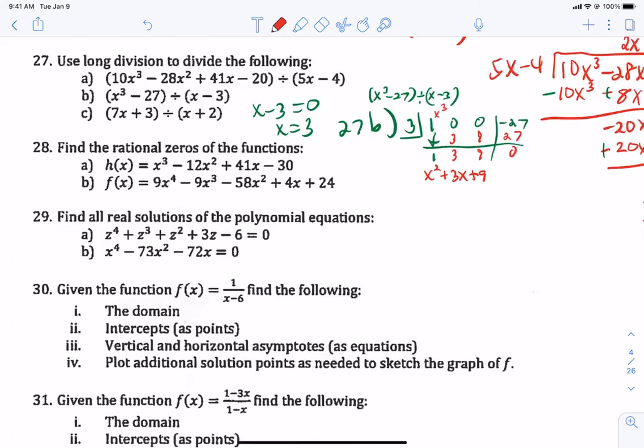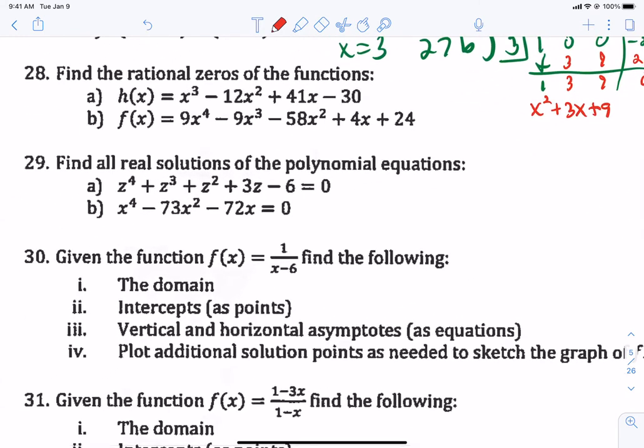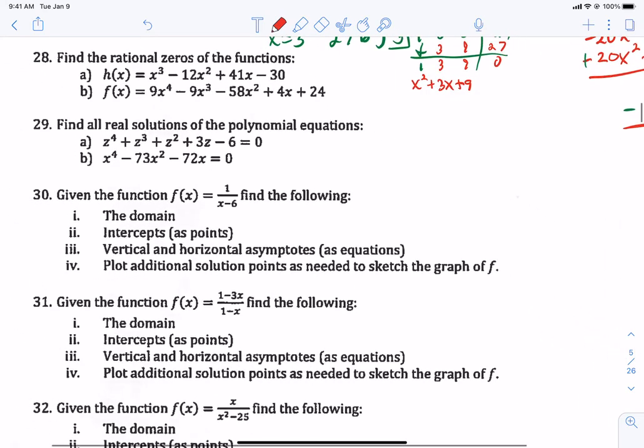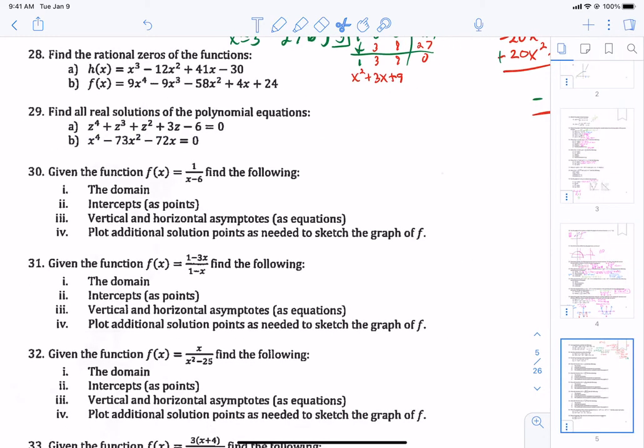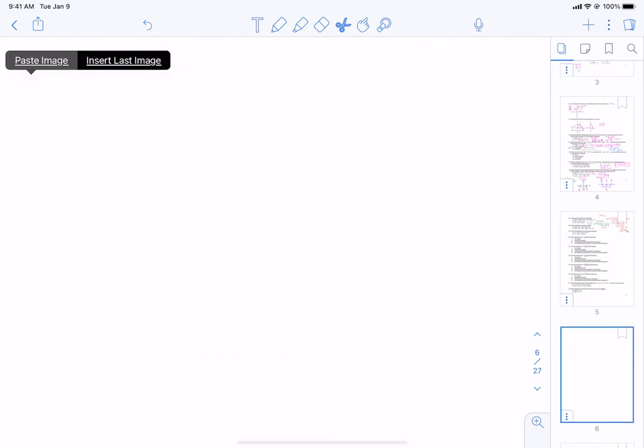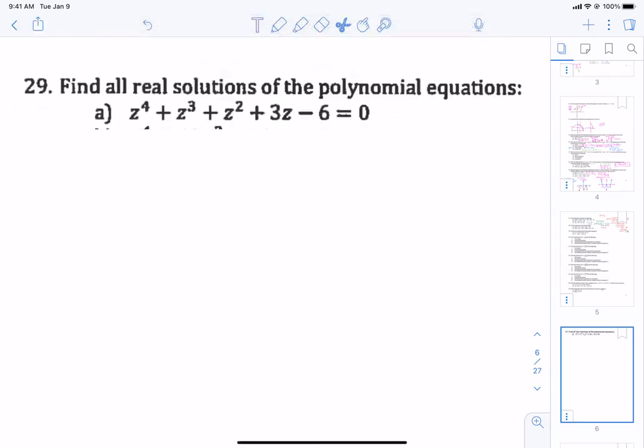Okay, let's jump to 29a. It says 29a, find all real solutions to the polynomial equation. I need some room for this one, so let me copy it and paste it to a new page here for a minute. Now, this is like saying what are all the real zeros of f of x equals z to the fourth plus z cubed plus z squared plus 3z minus 6.